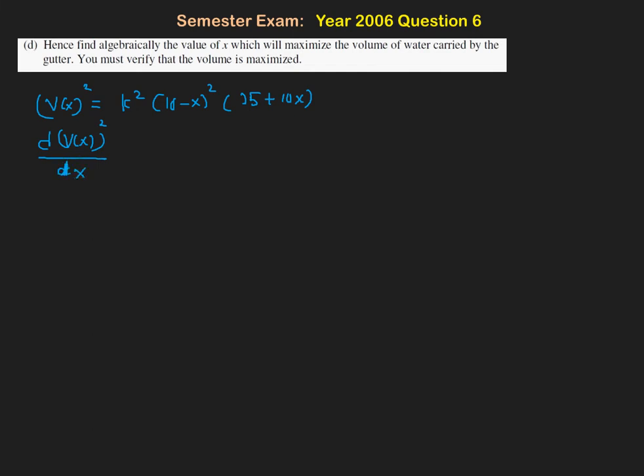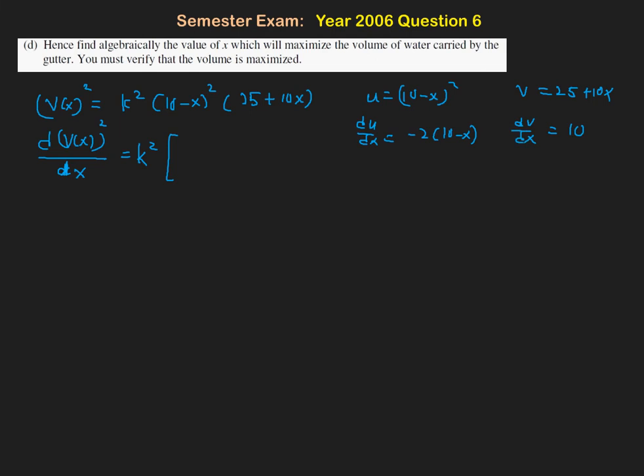The k is actually just a constant, so we keep that. But this part is a product of two functions. So let u be (10 minus x) squared. So du/dx is actually negative 2(10 minus x), right? And v is 25 plus 10x, and so dv/dx is 10.